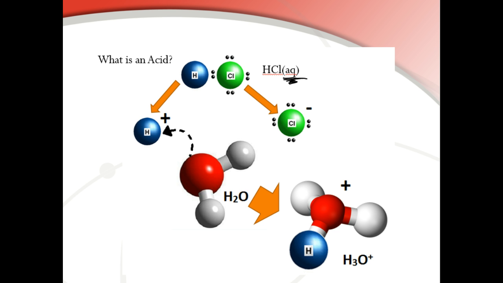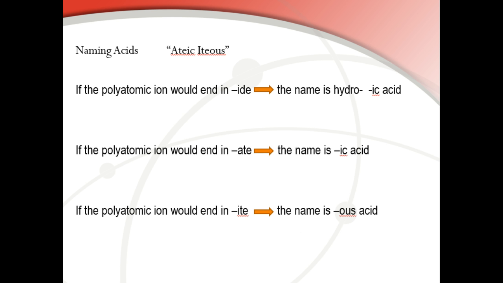Now, how do we name acids? Well, it's pretty easy. Basically, it's all based on the anion, because the cation is hydrogen, and the anion is bonded to those hydrogens. So let's take a look at an example, H2SO3, aqueous.